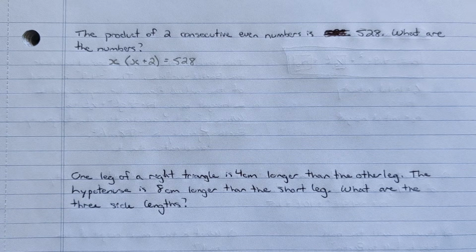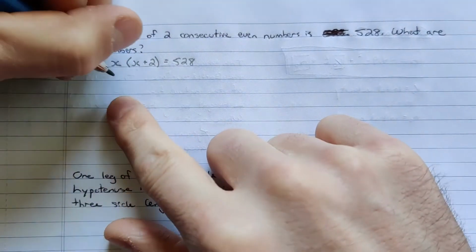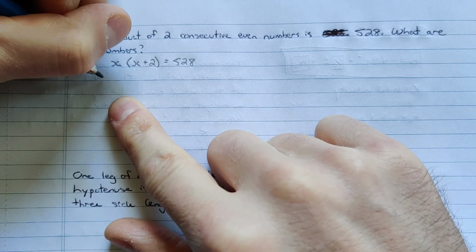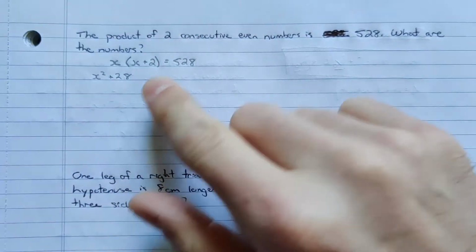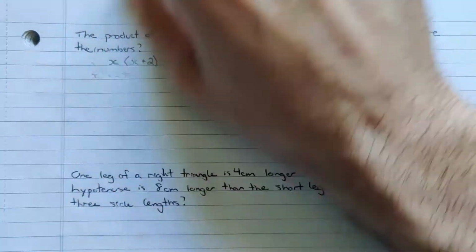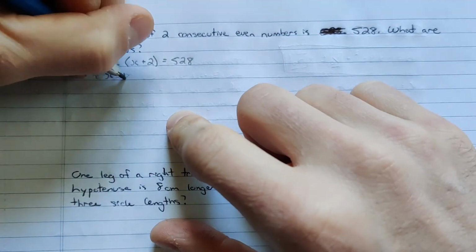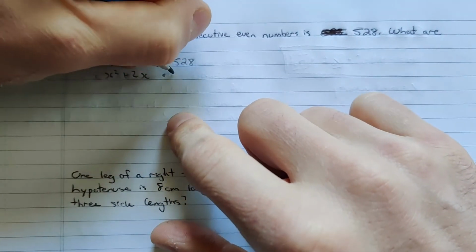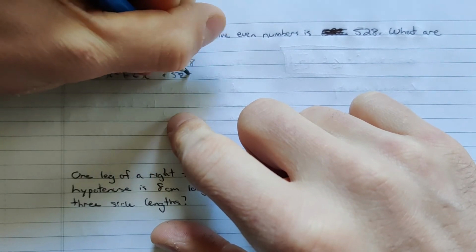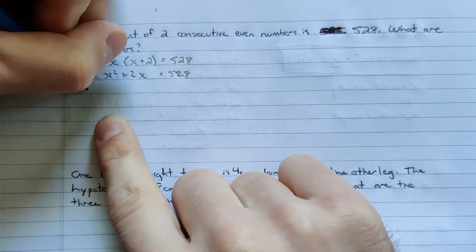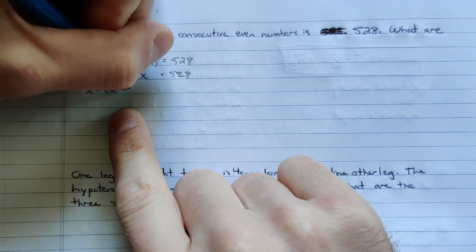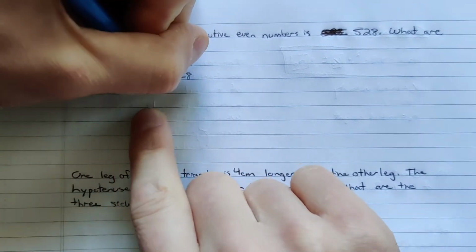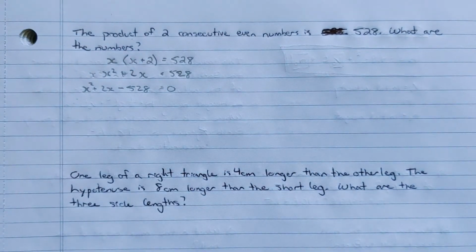So if we do a little bit of expansion here, we get x squared plus 2x equals 528. Move the 528 over: x squared plus 2x minus 528 equals 0.